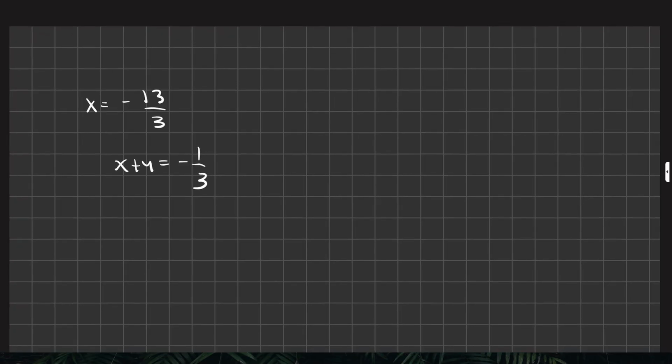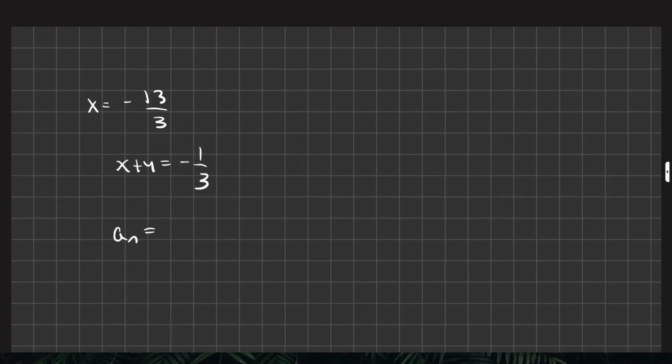So when x equals minus 13 over 3, we'd get x plus 4 equals minus 1/3. And a sub n would be 3 to the n times minus 1/3 to the n over square root of n, which would just be negative 1 to the n over square root of n.